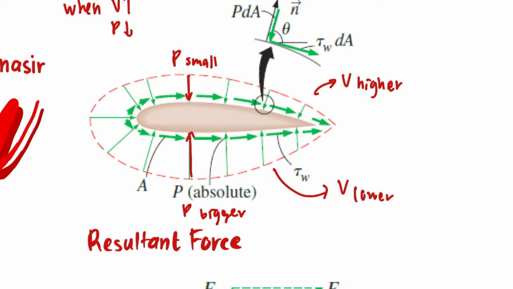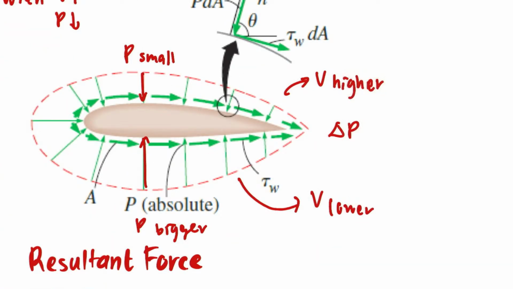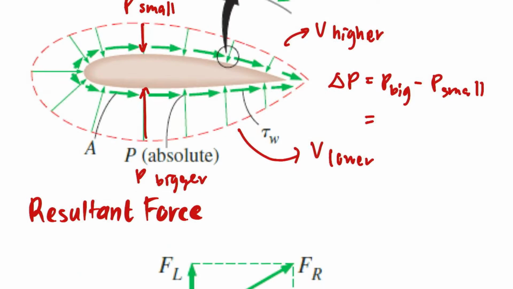So the difference in pressure: this is small, this is big. P big minus P small, you will get something like this magnitude. This magnitude is what we call lift.